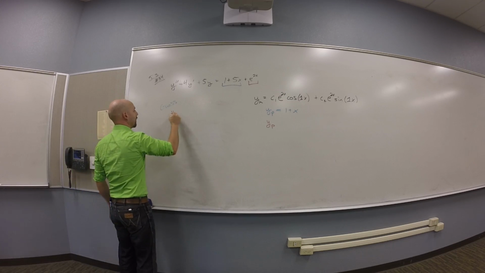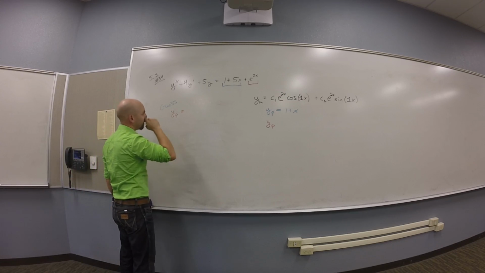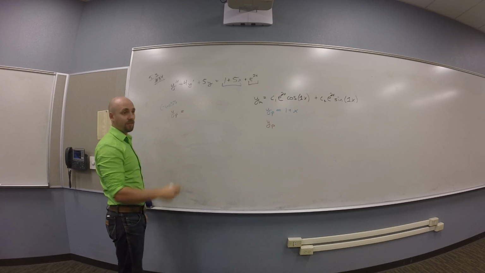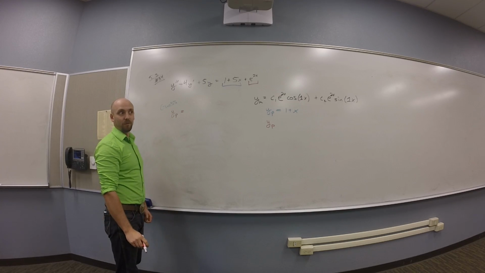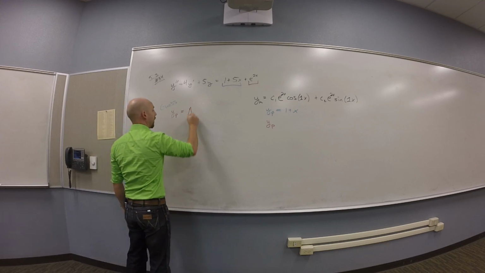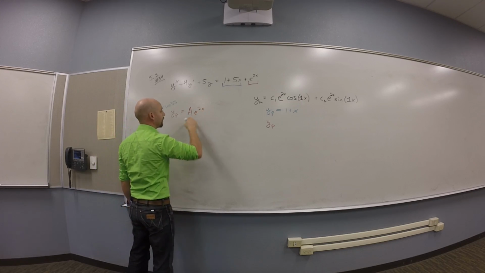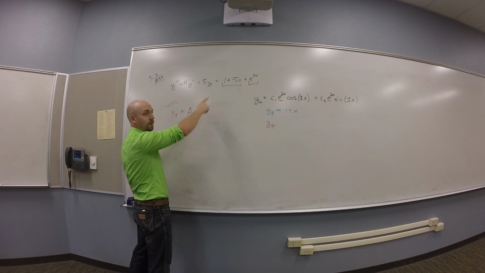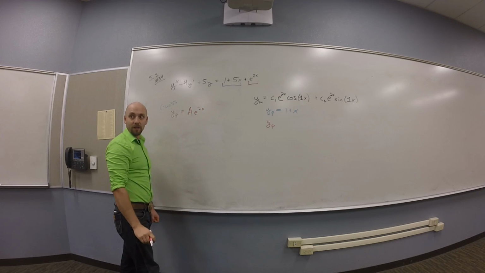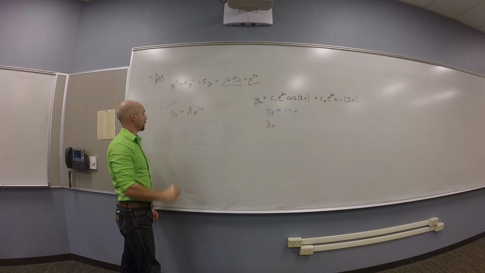So the red particular solution, let's see, I have an e to the 2x. So what should I guess? A e to the 2x? That's because that's a 0-degree polynomial times an e with the same exponent, right?